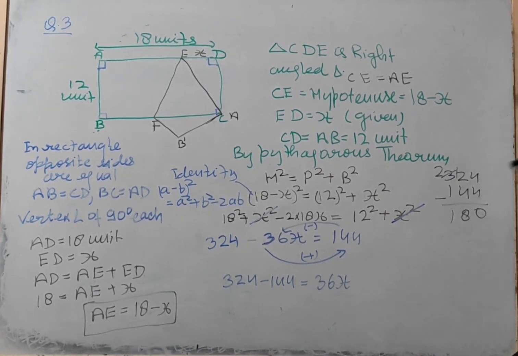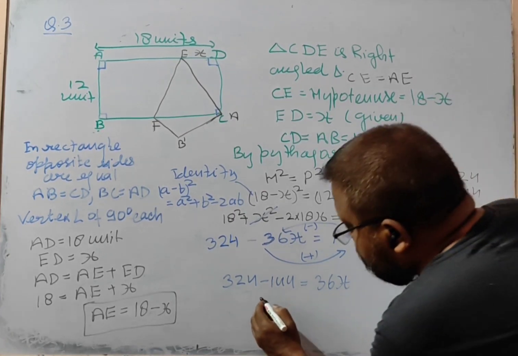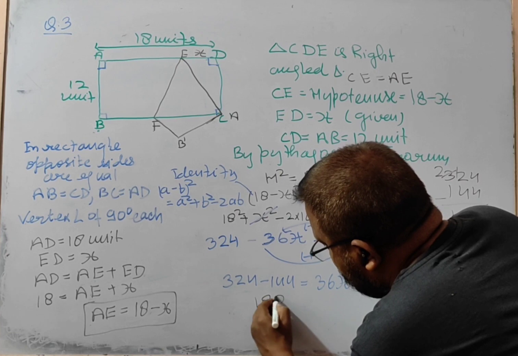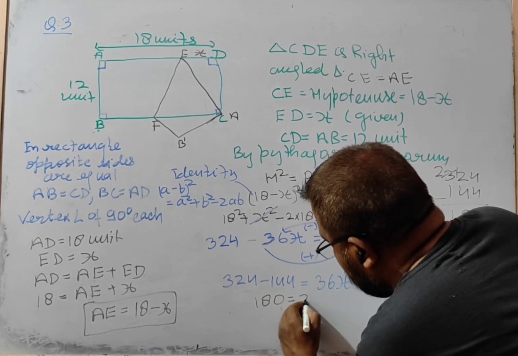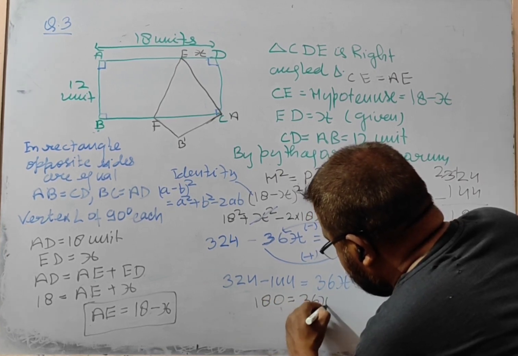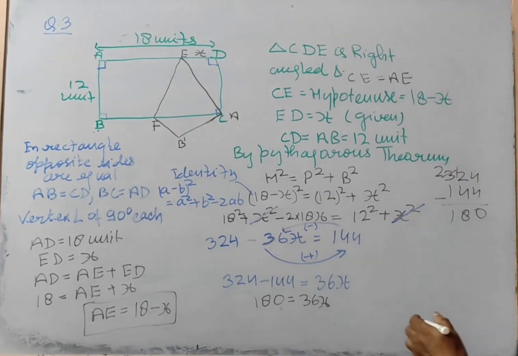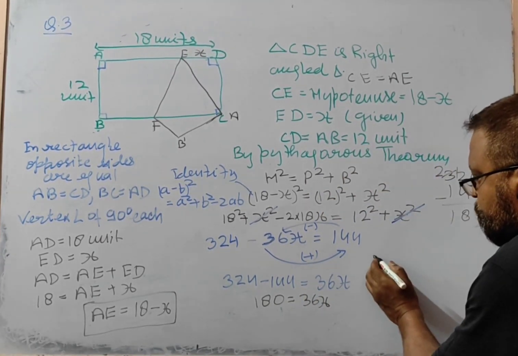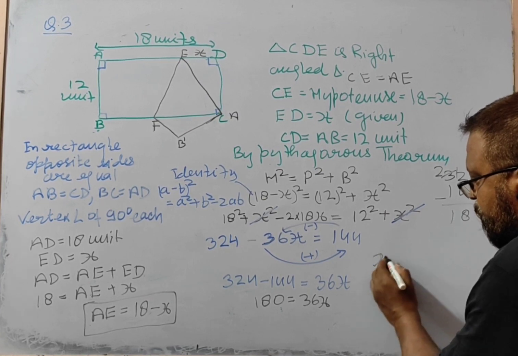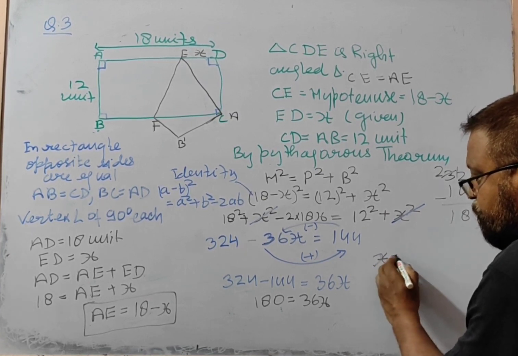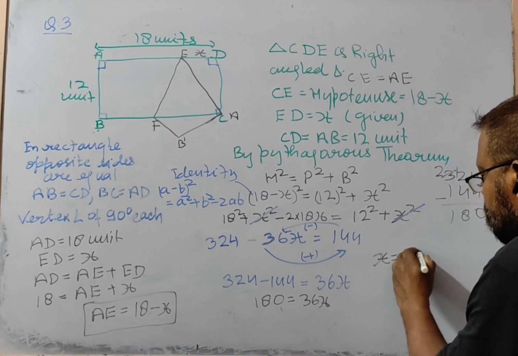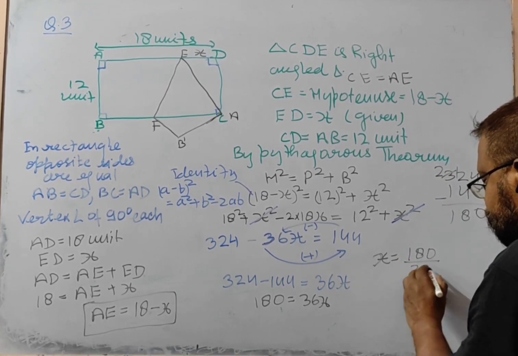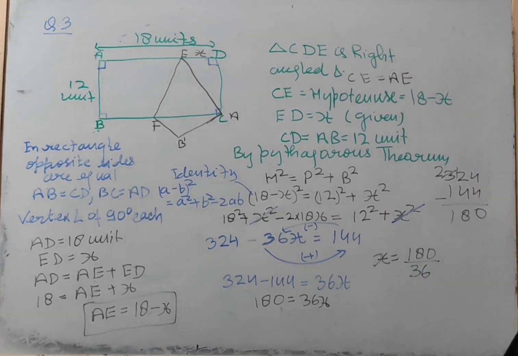Okay. So we get here 180. 180 is equal to 36x. Right? So we can write x is equal to 180 upon 36, right?